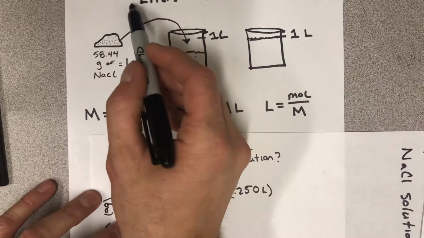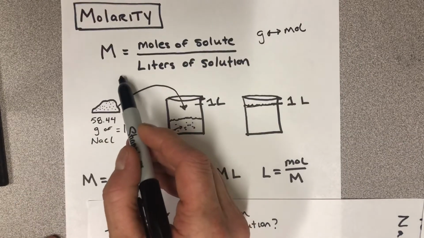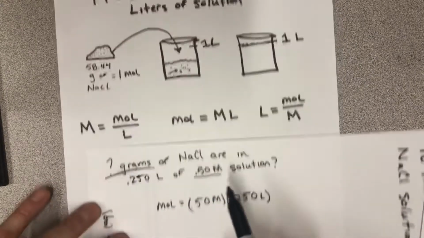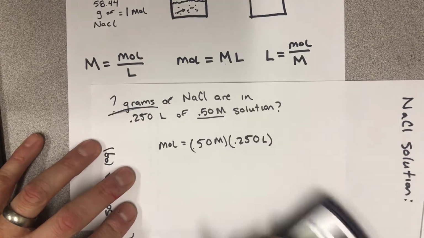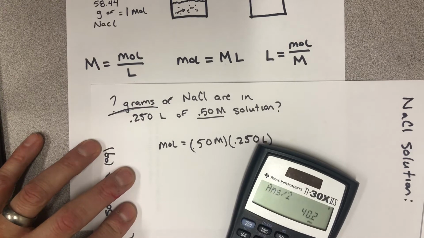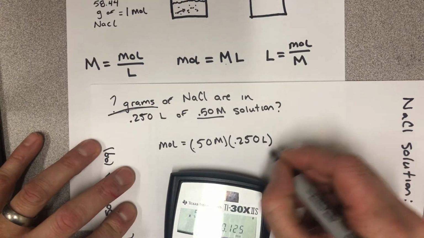Because the volume unit here is liters, and that's set in stone. So always use liters for your volumes. Now just multiply these numbers together: 0.50 times 0.25, and that's 0.125 moles.